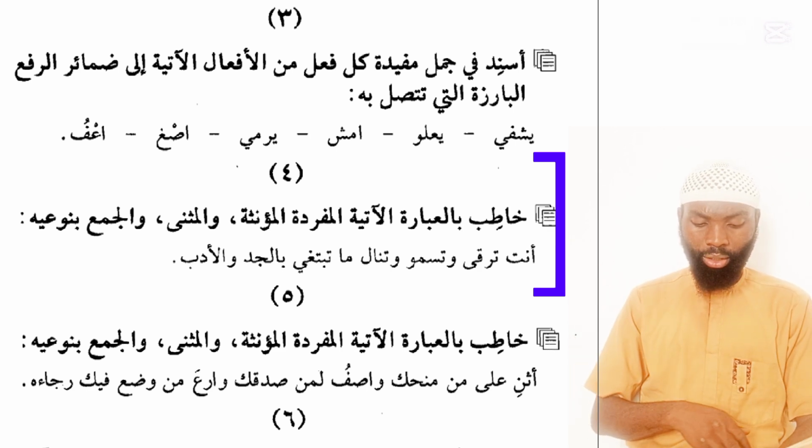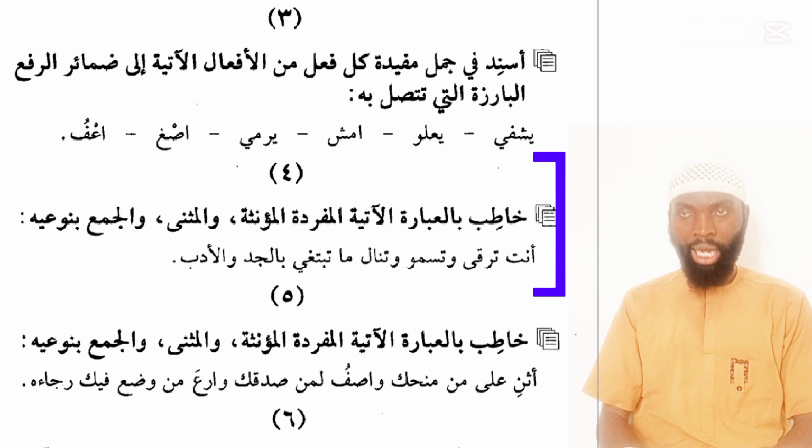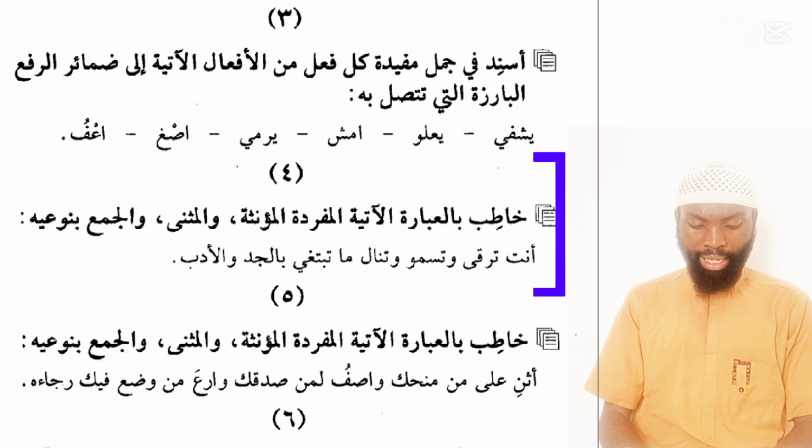So anta tarqa wa tasmu wa tanalu ma tabtagi bil jidd wal adab. As for the female, we simply say anti tarqaina wa tasmaina wa tanalayna or tanalina ma tabtagina bil jiddi wal adabi. Mashallah. So you can solve for the two and the plural.